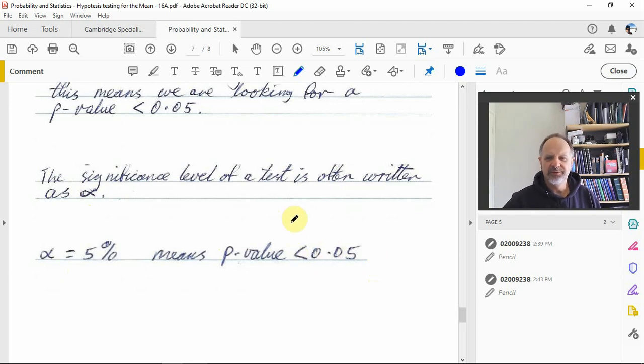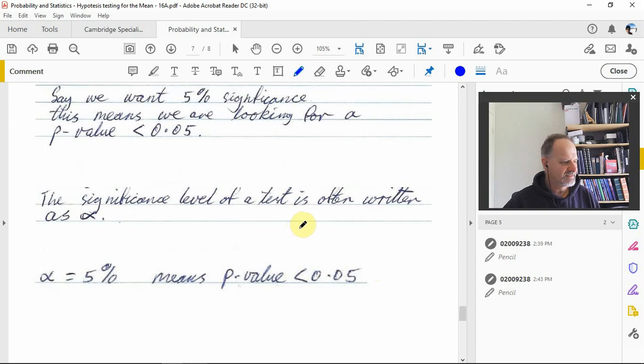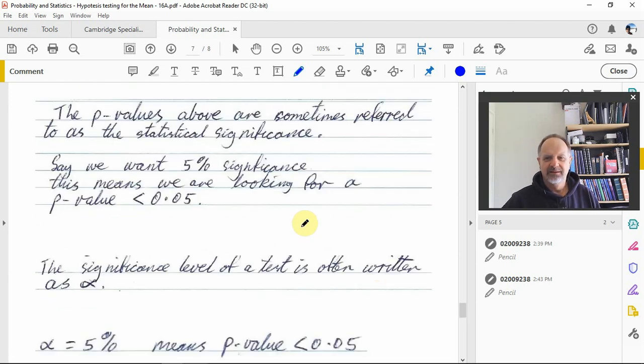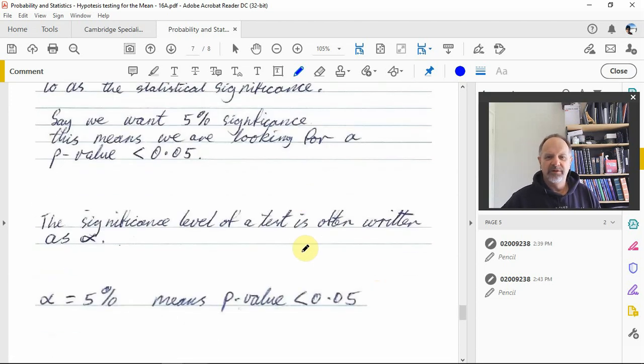All right, so hypothesis testing. It's a bit of a strange thing in a way, but basically, because we're taking samples and we want to use that sample to make predictions, we use this p-value to see whether our sample is significantly different to what the population is.